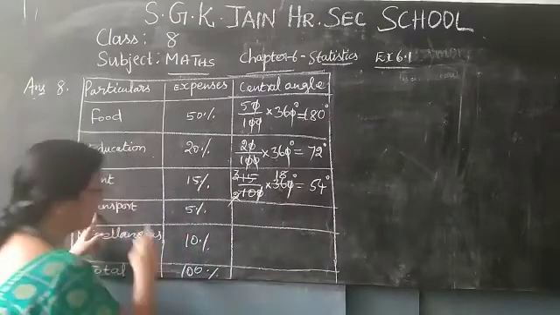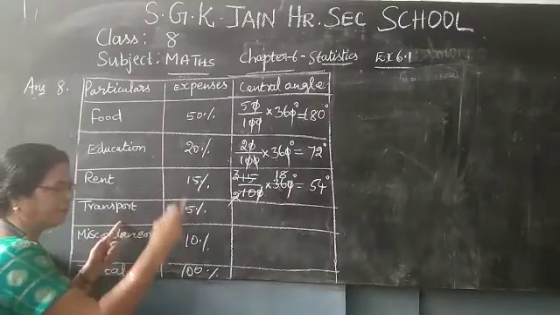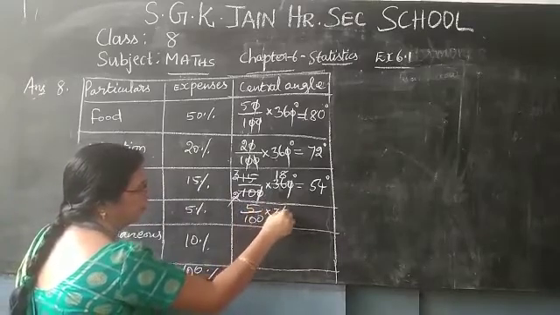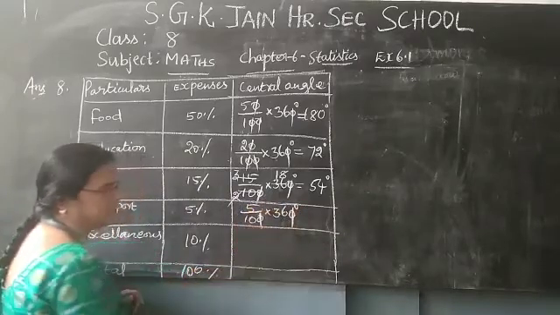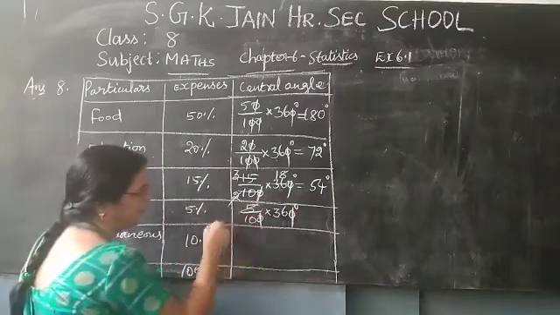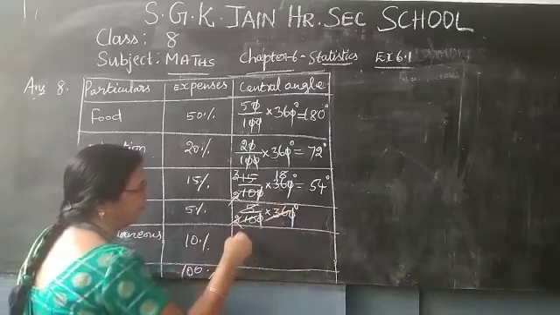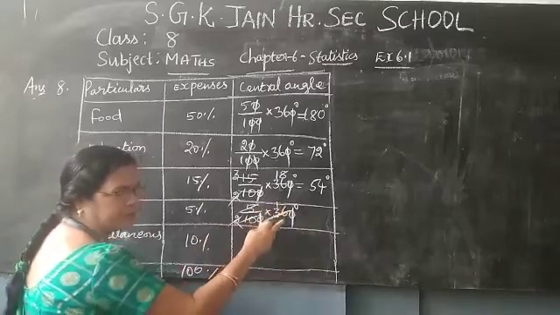And next one, for transport, how much do we spend? 5%. So 5 by 100 into 360 degree. So the last 0 will get cancelled. In this 5 table, how many times will this go? 2 times. In this 2 table, how many times will it go? 1 2 is 2, balance 1, 16.